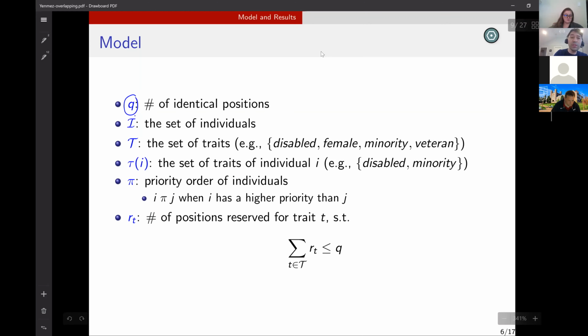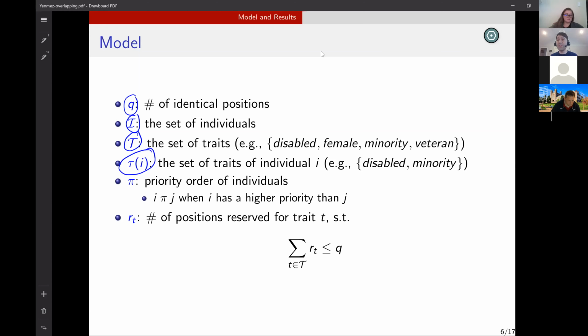This is denoted by calligraphic I. Each individual may have a set of traits, like having a disability, being a woman, a minority, a veteran. So the set of traits is denoted by calligraphic T. The set of traits for individual i is denoted by tau of i. So if you're a disabled minority, then tau i is equal to disabled minority.